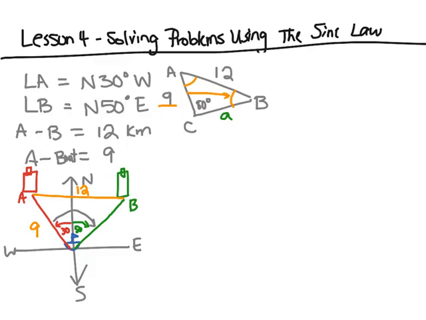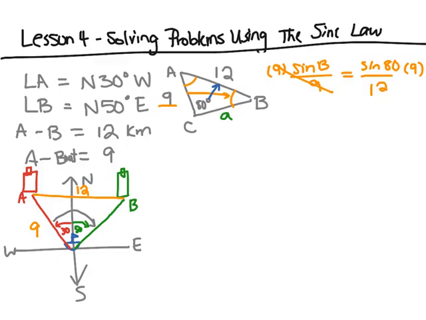So we're going to find angle B so that we can find angle A, so that we can find side A. So many steps. So sine of B over 9 is equal to, and we know this ratio, sine of 80 over 12. We want to get rid of the denominator on the side with the variable, so we multiply both sides by 9.